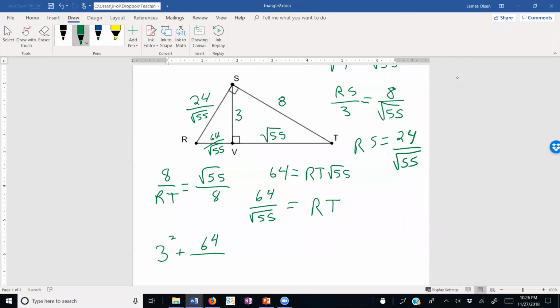Wait a second, I think I've got a mistake here. Yes, I do have a mistake here. RV is not 64 over root 55. That would be longer than the hypotenuse. It's RT that's 64 over root 55. So let's calculate RV.